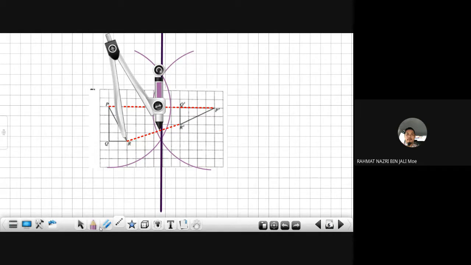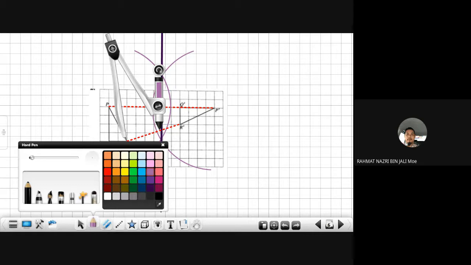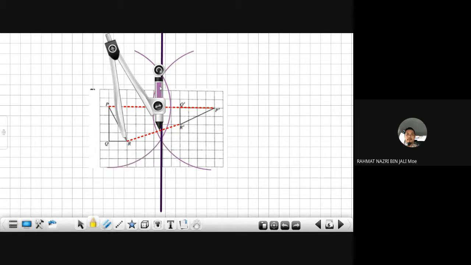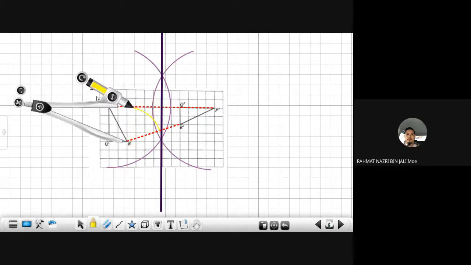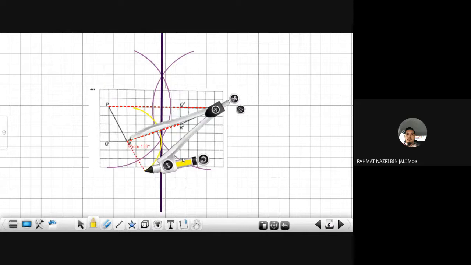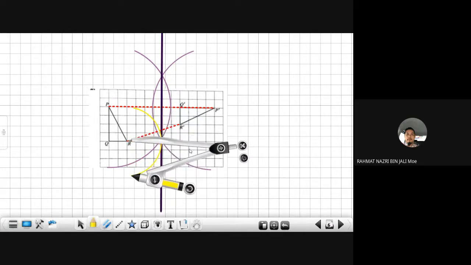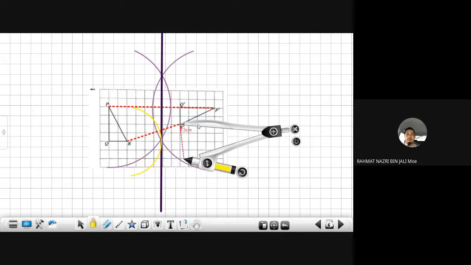Okay, let me change the color of pencil. Warna kuning. Okay, I'm gonna rotate this one. Okay, and then take the R prime as the second center.